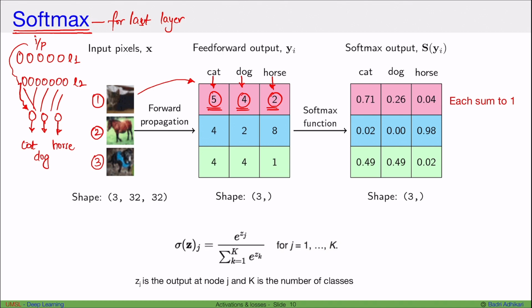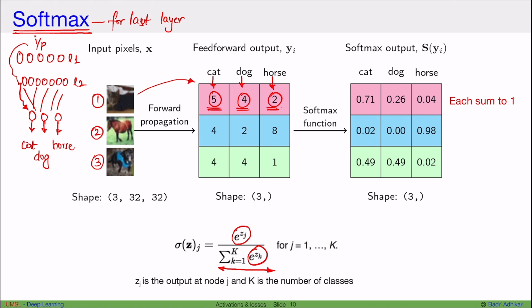So if I want to convert these outputs from 3 neurons into probabilities, then I can apply the softmax function. The way softmax works is we simply exponentiate the inputs for each class, and then in the denominator we sum these exponents for each class, and then for each class we obtain the corresponding probabilities.